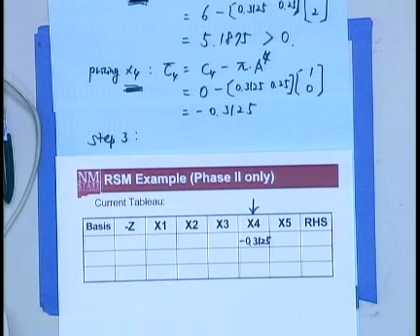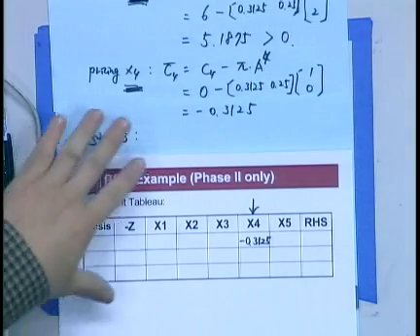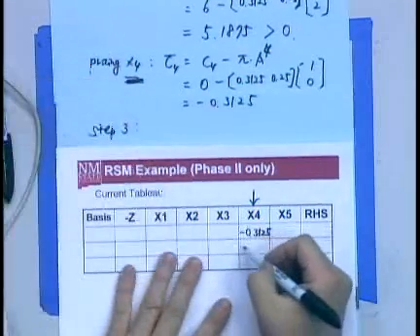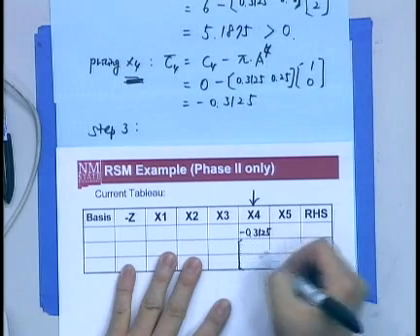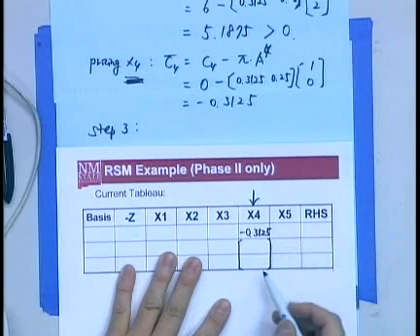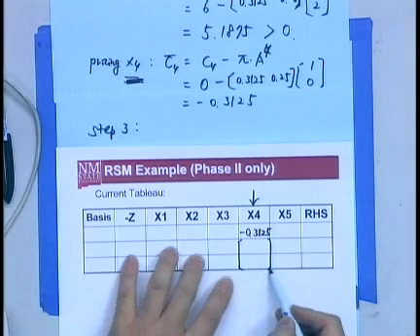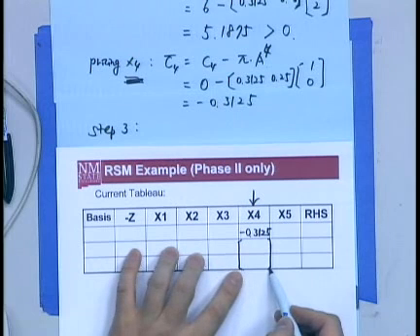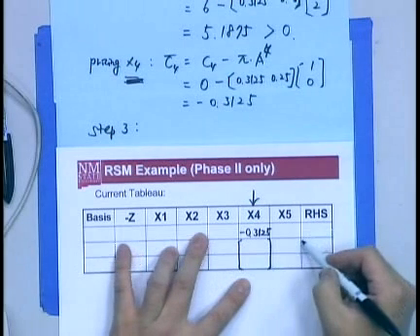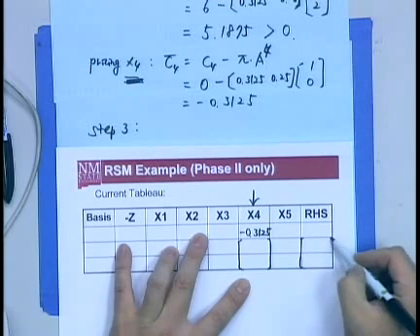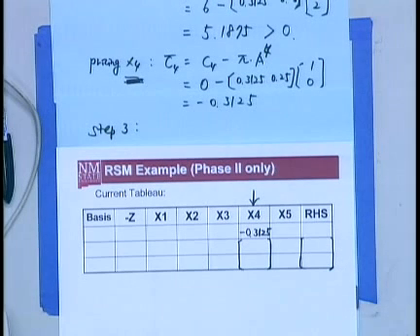Next, you need to determine the leaving variable by performing the minimum ratio test, right? So we need to get this value, which is called the substitution rate, right? And also we need to know the right-hand side values for the current table.